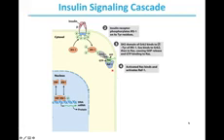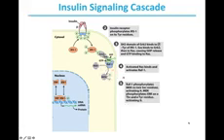RAF1 is a protein kinase, and what it does is it phosphorylates another protein called MEK. So RAF phosphorylates MEK at two different sites, and MEK is also a kinase which further phosphorylates another protein named ERK.